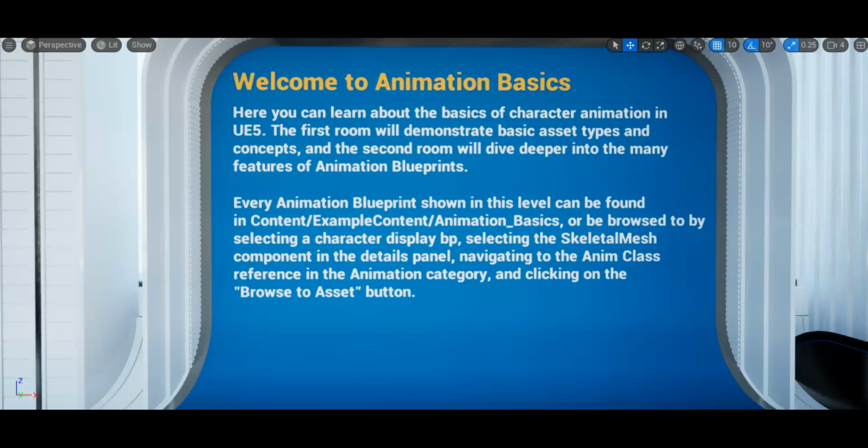Every animation blueprint shown in this level can be found in content/example content/animation basics, or be browsed to by selecting a character display blueprint, selecting the skeletal mesh component in the details panel, navigating to the anim class reference in the animation category, and clicking on the browse to asset button.